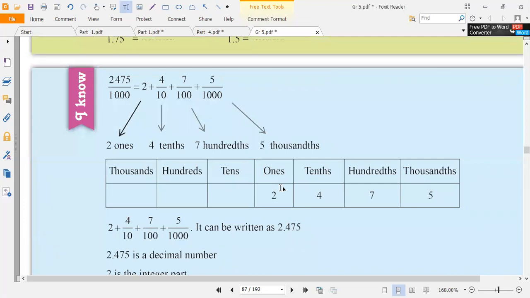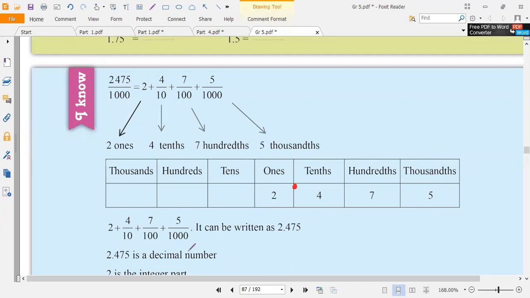So we know that the number has ones digit, tens digit, hundreds digit, thousands digit, etc. These are the digits before the point. The point should be here. And the digits after the point, what do we have? We have the tenths digit, hundredths digit, thousandths digit.